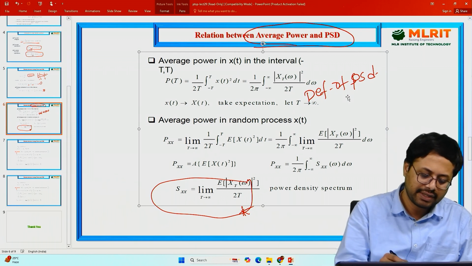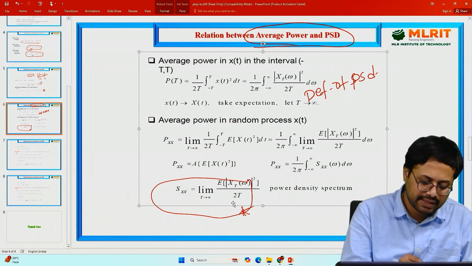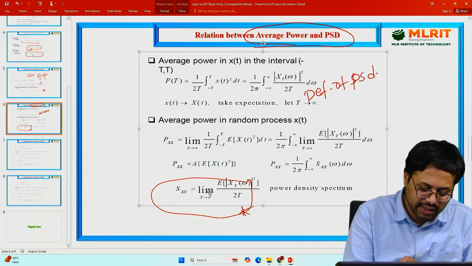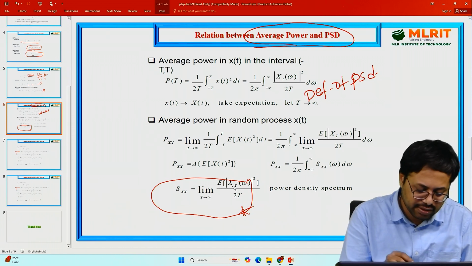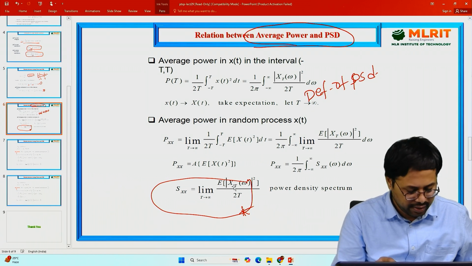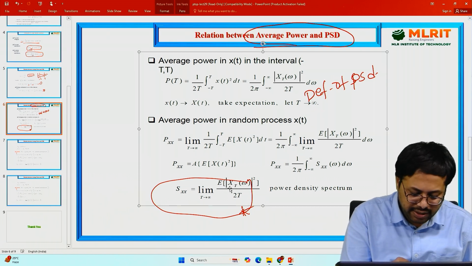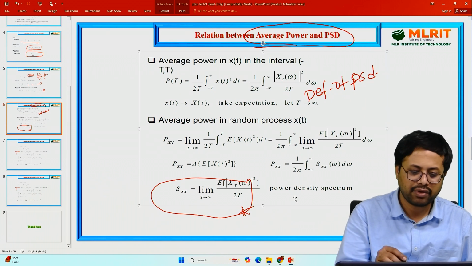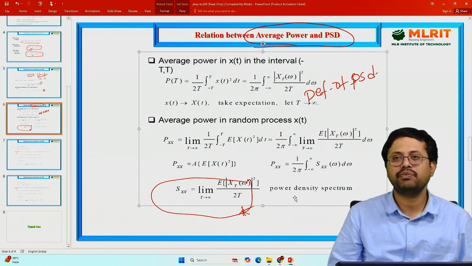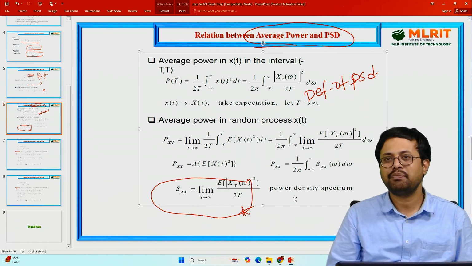Next, we discussed the second definition, with limit T tends to infinity and expectation, the term 1 by 2T. Now we also discussed the relationship between average power and power spectral density.